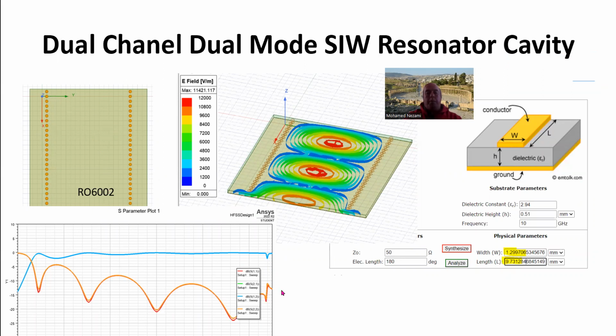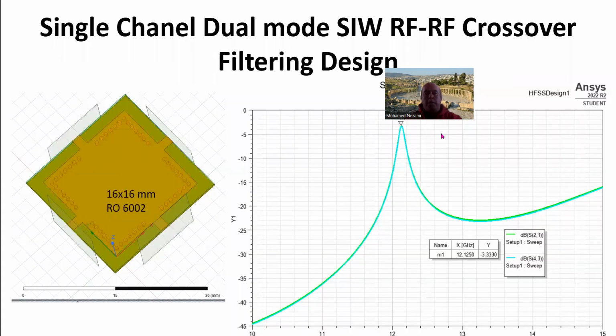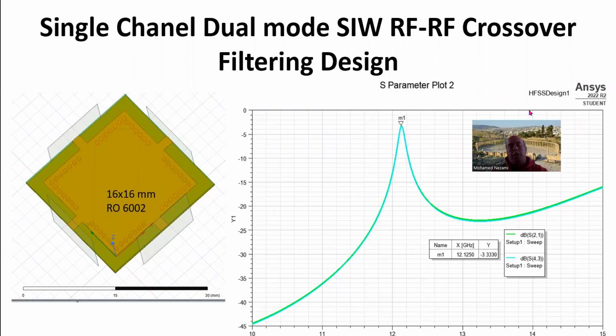As an example, today I used the Rogers 6002 substrate, and I created this design, where we calculated the 50 ohm impedance for this substrate with 0.51 millimeter, or 20 mil, thickness.